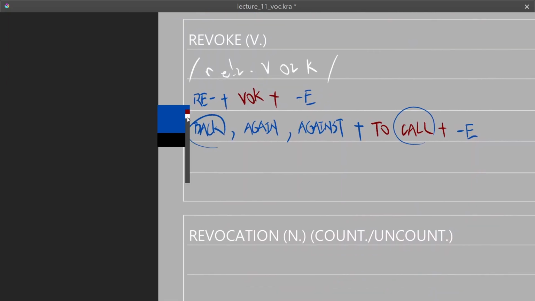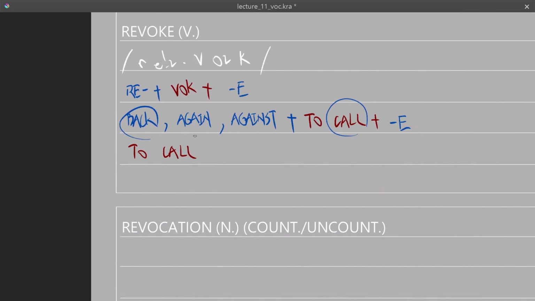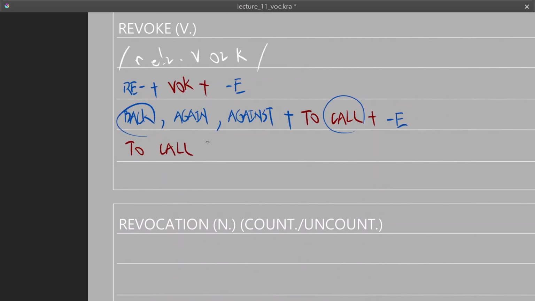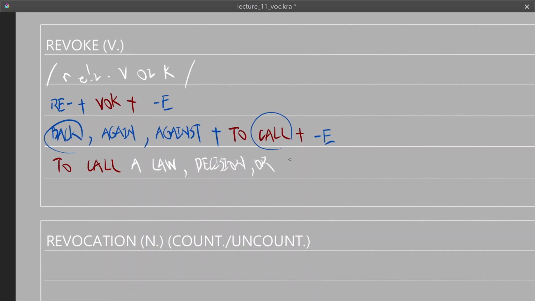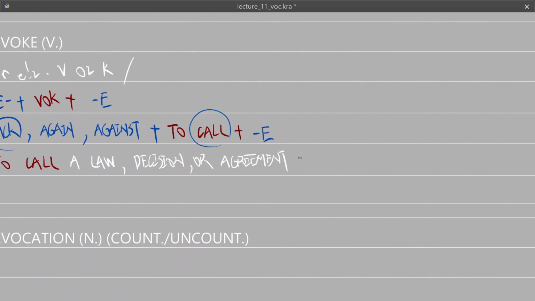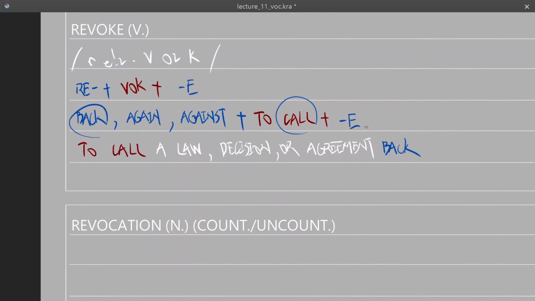So to call what kind of thing specifically? To call a law, decision, or agreement back.